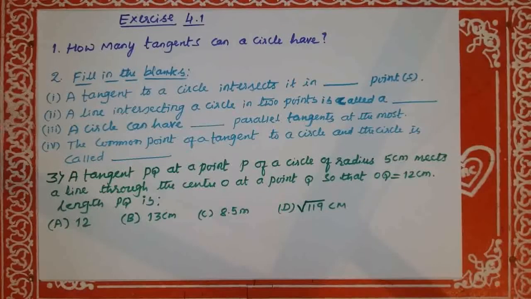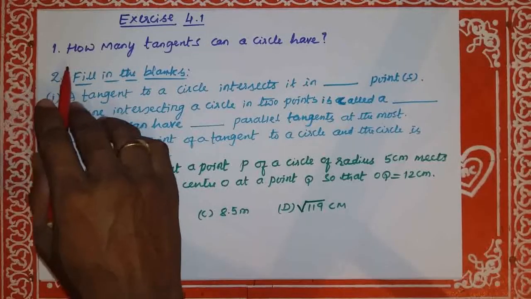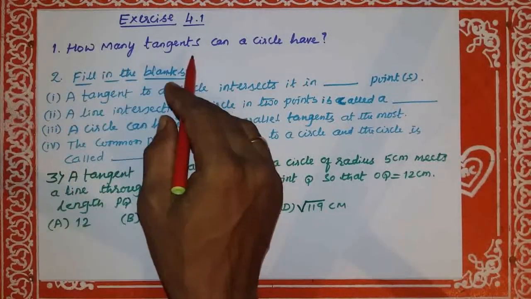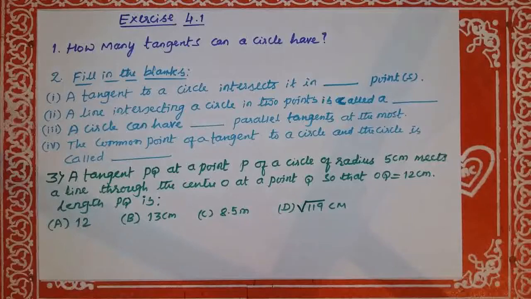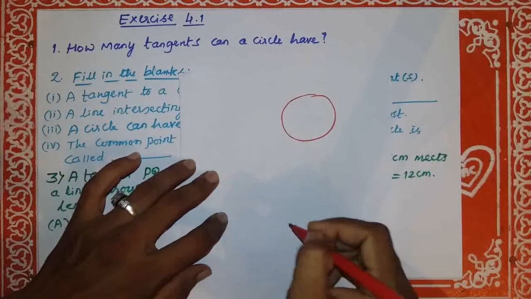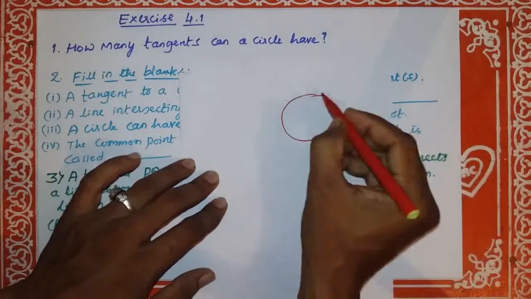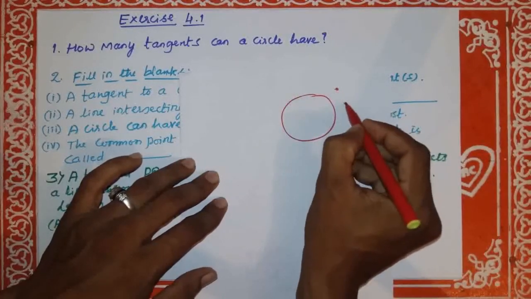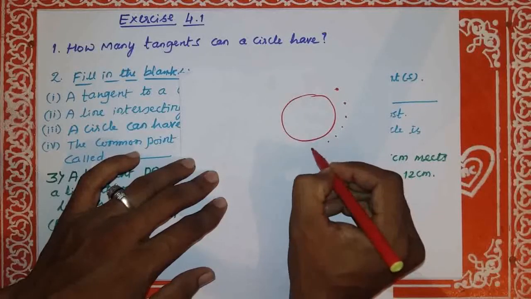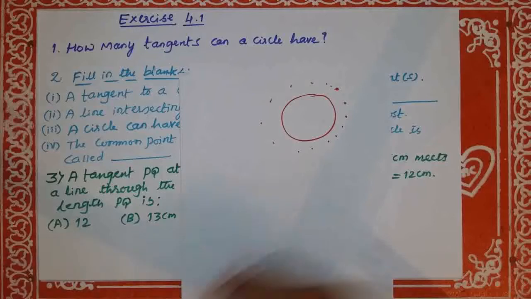dear students, now let us discuss exercise 4.1. Here we have the first question: how many tangents can a circle have? Okay, I will draw a circle here. For this circle, how many tangents can we draw? See here, from an external point, we can draw so many tangents.